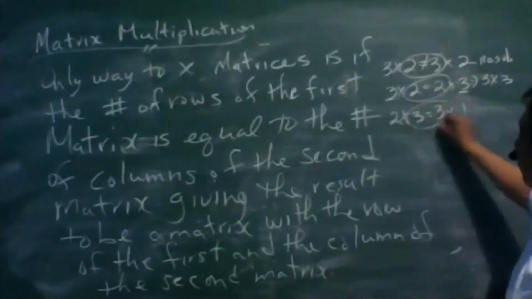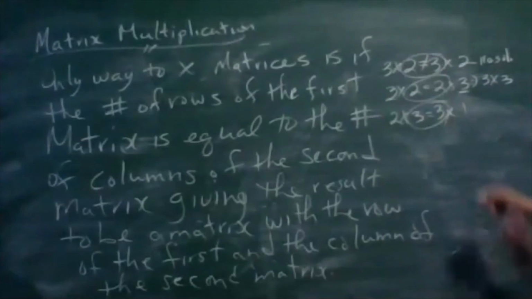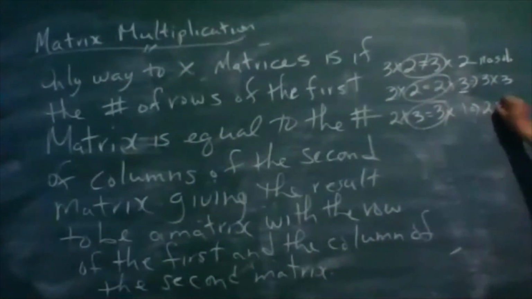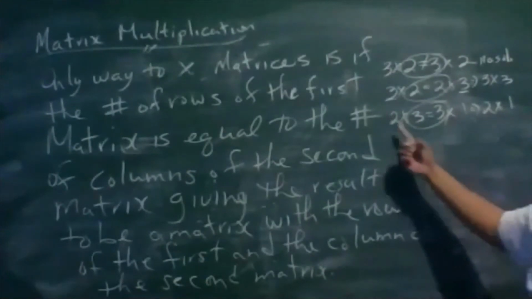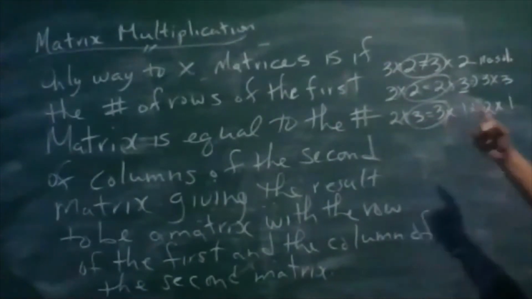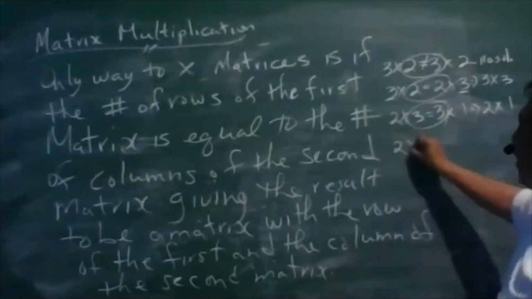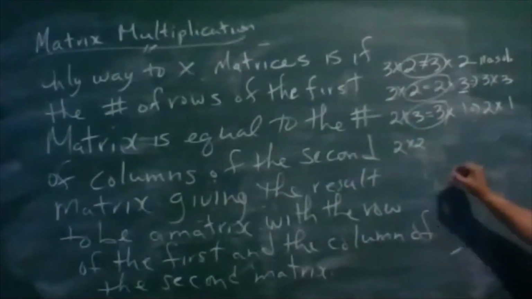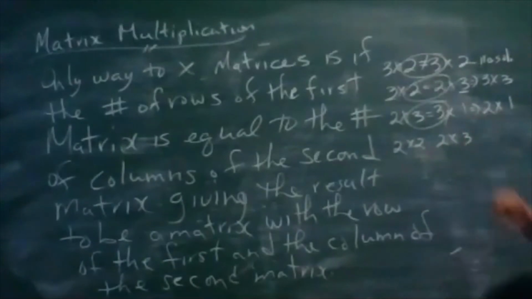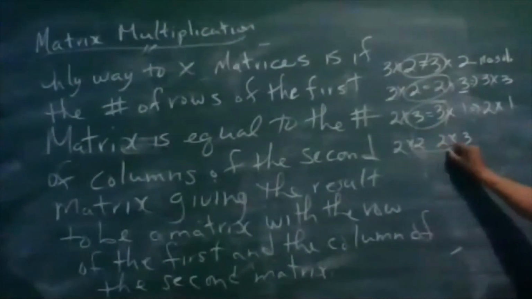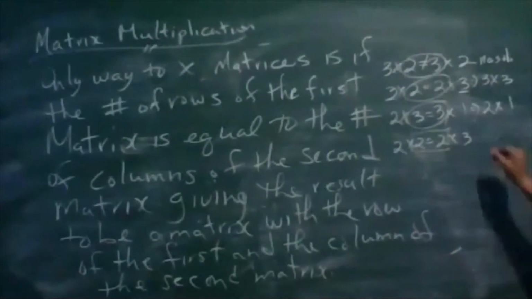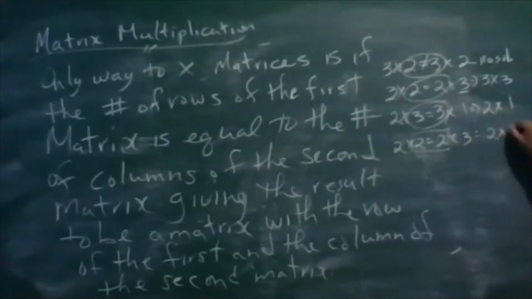Since these are equal, my possible answer for my matrix will be a 2 by 1. So you have the row of the first and the column of the last. So if I have a 2 by 2 and I have a 2 by 3, then since these are equal, it will produce a 2 by 3 matrix.